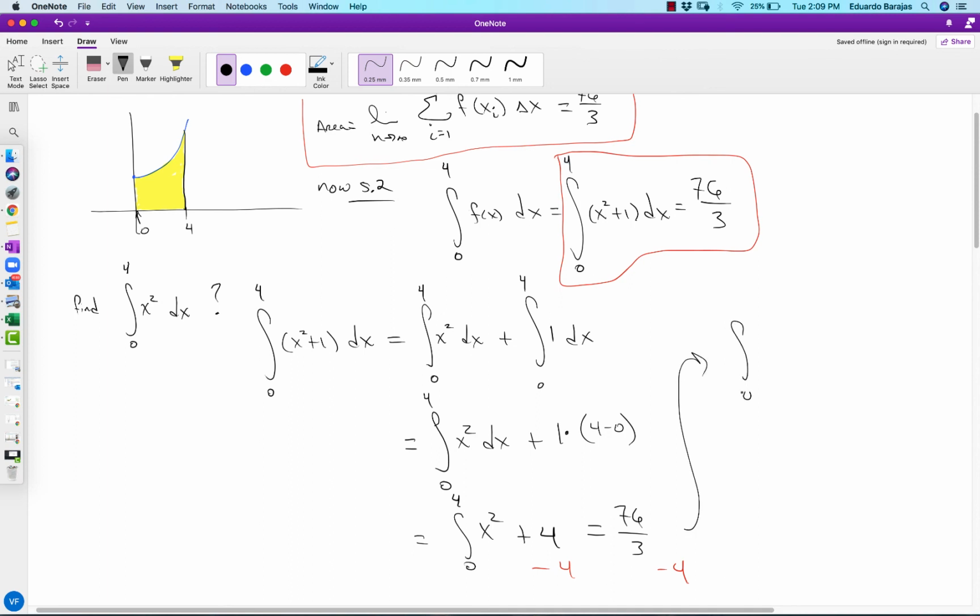The integral from 0 to 4 of x squared is equal to 76 divided by 3 minus 4. The common denominator is 3, so that's 12 divided by 3. And so the integral from 0 to 4 of x squared is equal to 64 divided by 3.